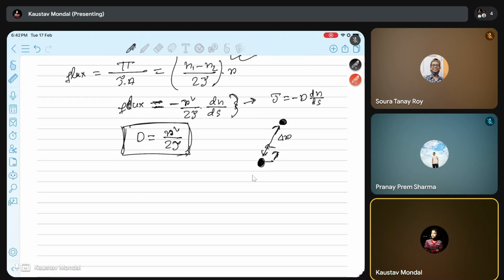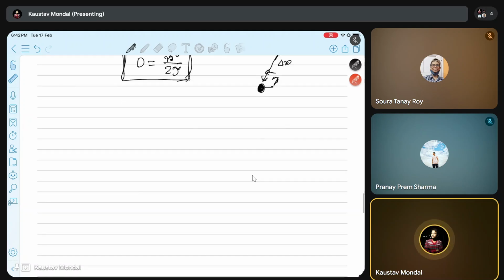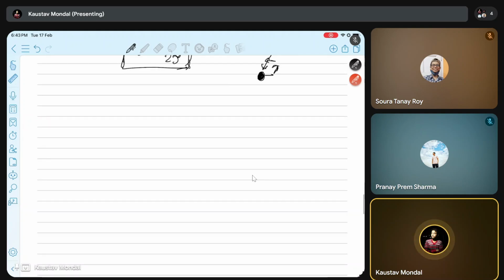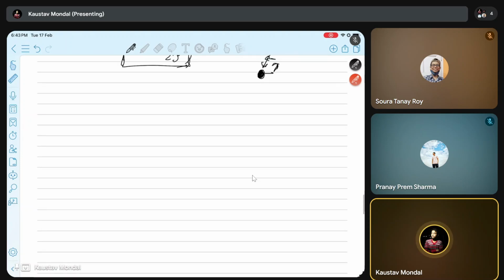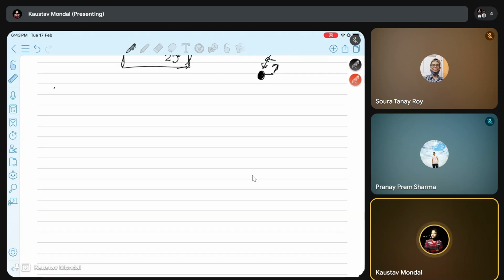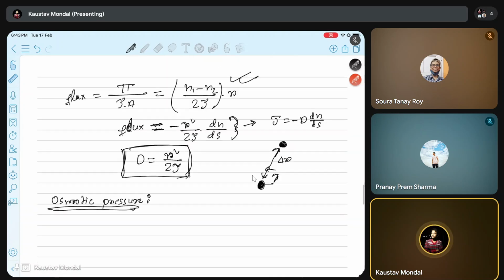Okay, next there is another way of proving this diffusion constant, that is by using the concept of osmotic pressure. Diffusion is basically one of the transport properties of the Brownian particle.